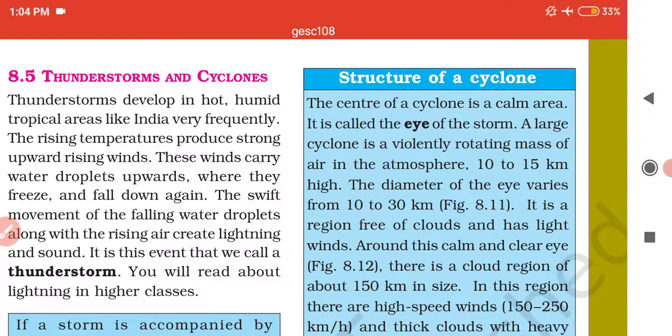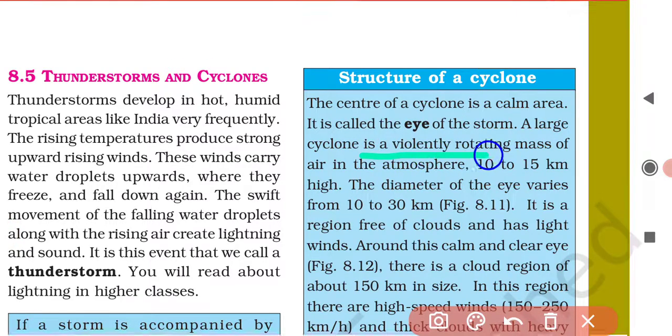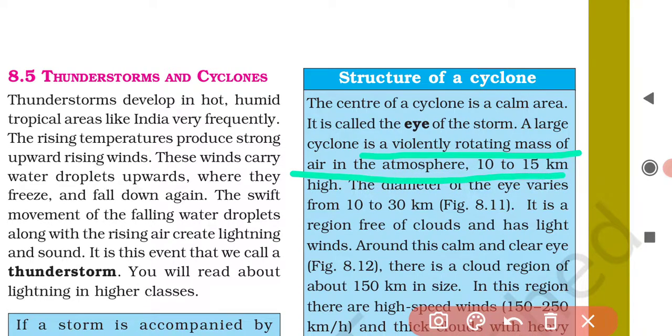So a large cyclone is a violently rotating mass of air in the atmosphere, about 10 to 15 kilometers high. The height of the cyclone can be about 10 to 15 kilometers, and the diameter of the eye varies from 10 to 30 kilometers.